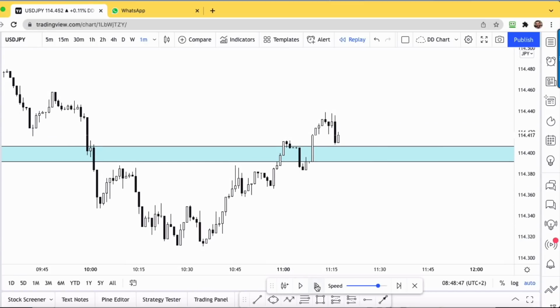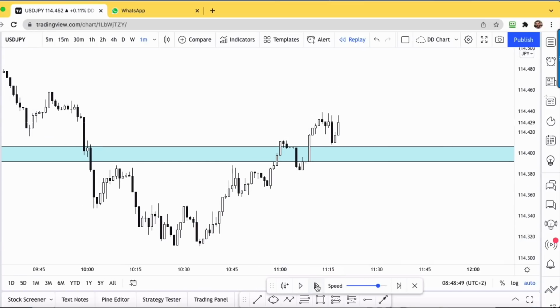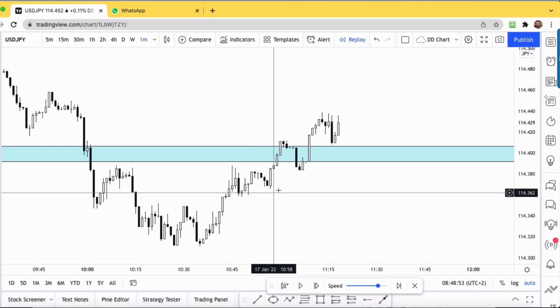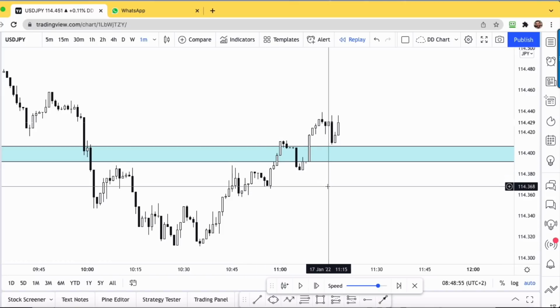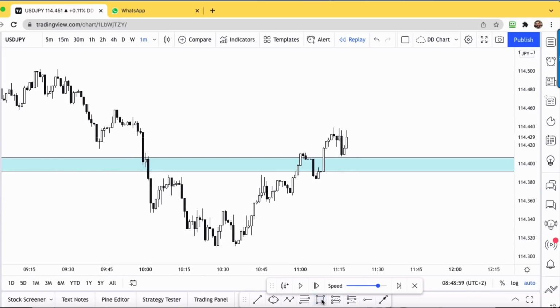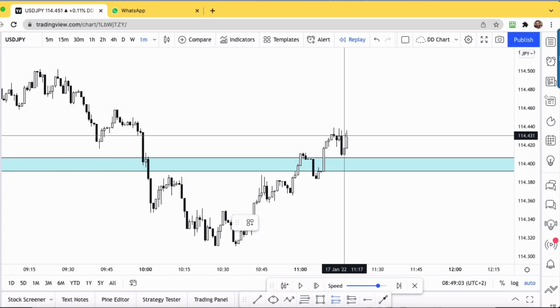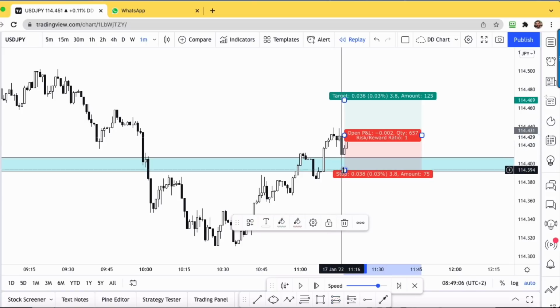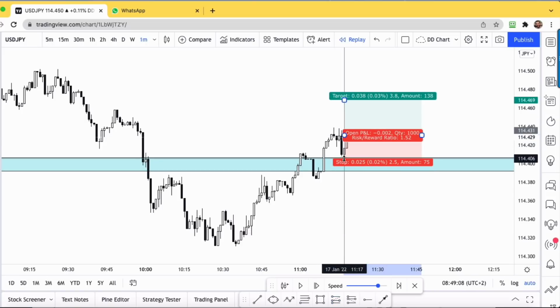So let's see how it works. Okay, we have one bullish candle. Another. I think it would be fair to go long over here because this is a break and a retest. So let's see, are we getting after this candle? Cover under the bottoms.